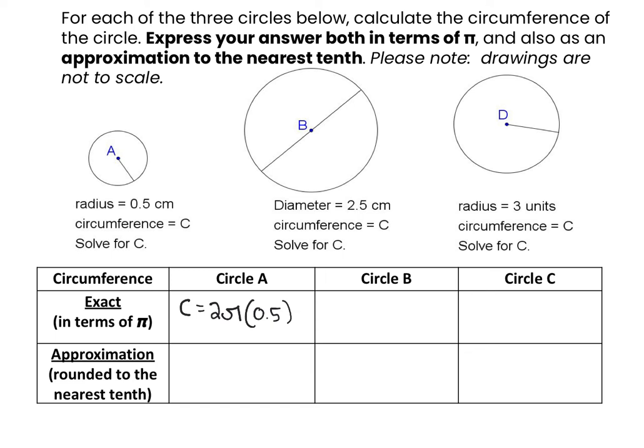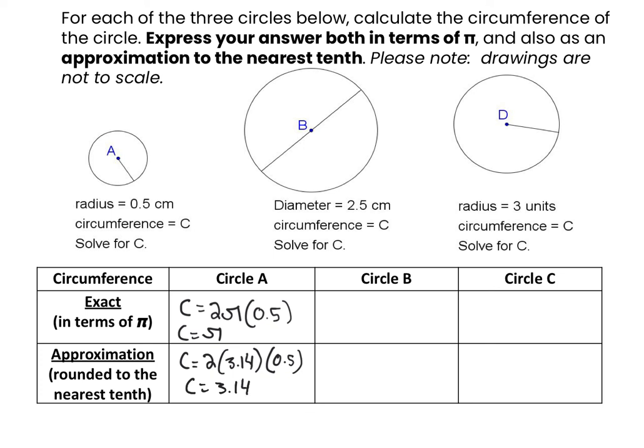So our exact in terms of pi circumference is equal to pi, because 2 times 0.5 is 1 and 1 times pi is just pi. The approximation then would be circumference is equal to 2 times 3.14, that's the most typical approximation for pi, times 0.5, which is just our circumference would be 3.14.